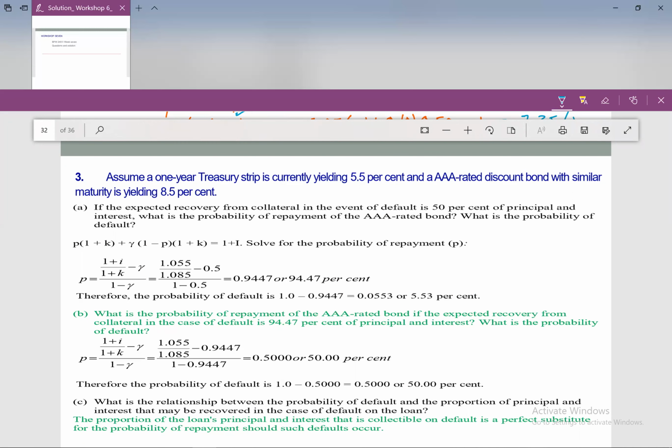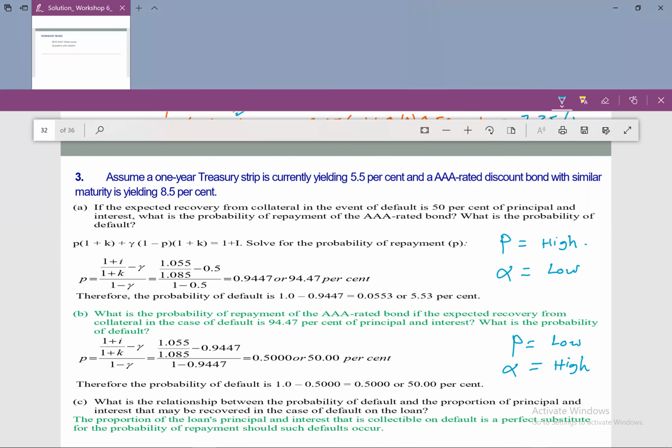If you are in the bank and a customer comes to you, and this guy is a very good customer, which means the probability of payment is high, for sure you will ask for low collateral. But if the probability of payment is low, you will ask for high collateral.